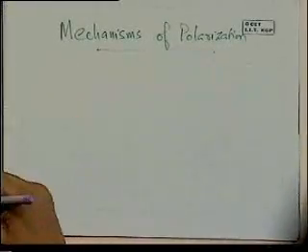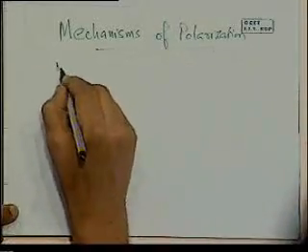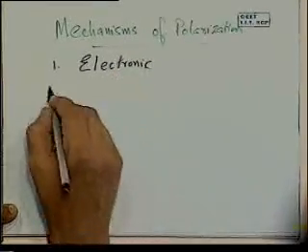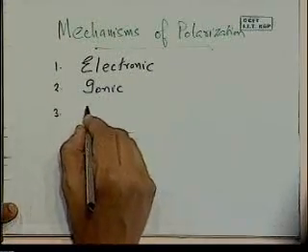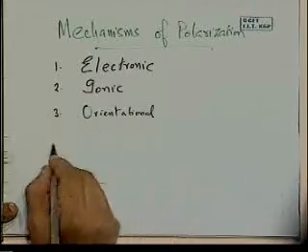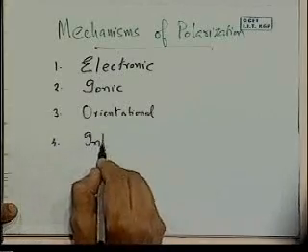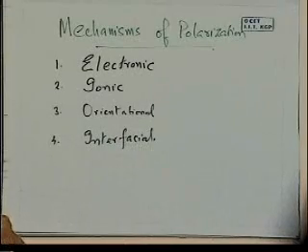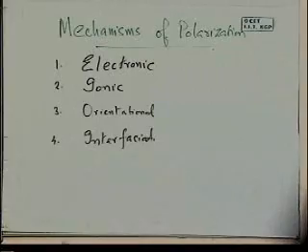We already saw one, and the rest that we will look at are ionic, orientational, or dipolar, as it is sometimes referred to, and interfacial. These are the different mechanisms of polarization that we will consider in turn.